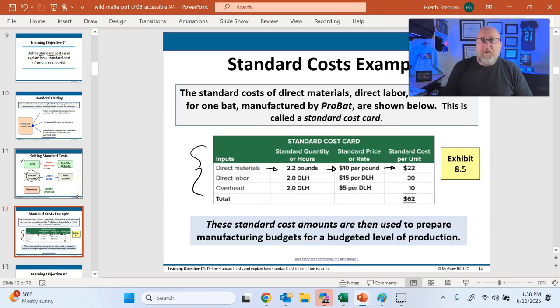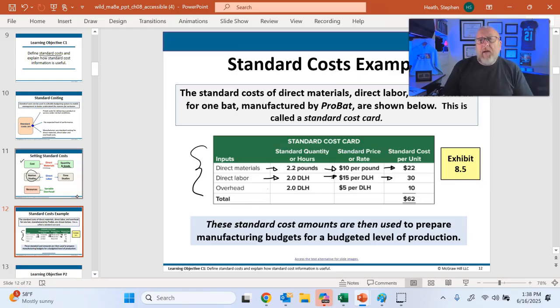Then we can do the same thing for labor. I anticipate needing 2 hours of direct labor. I'm going to pay my employees $15 per hour. And therefore, for every table that I make, or bat, I guess we're making baseball bats in this particular example, for every bat, it's going to cost me about $30 in labor.